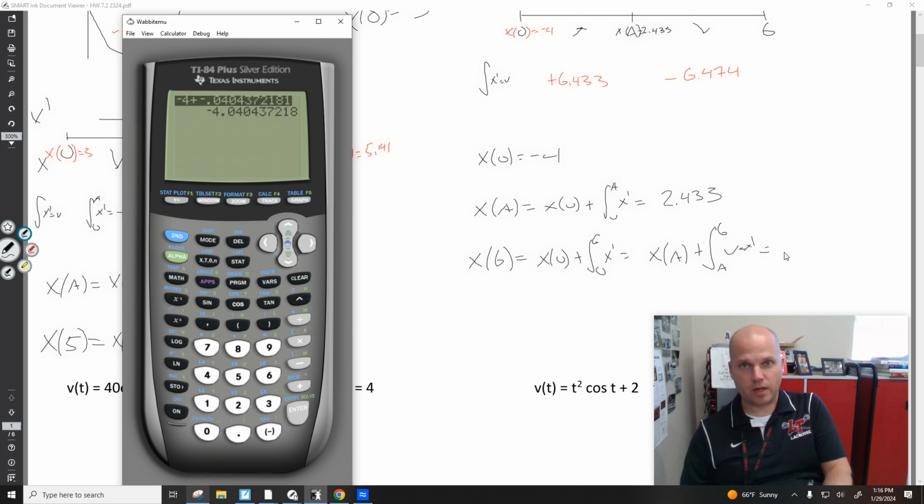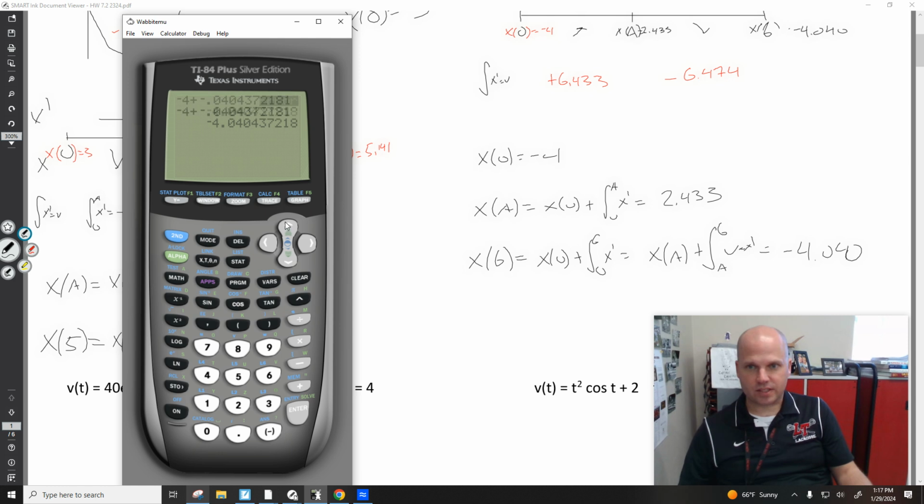Let's show you a different way. Make sure the values make sense, like -4 plus 6, 2.4 minus 6. Okay, back to -4. All of this should make sense. The other way is to go from x of a, which is that 2.433, then add your displacement from a to 6.